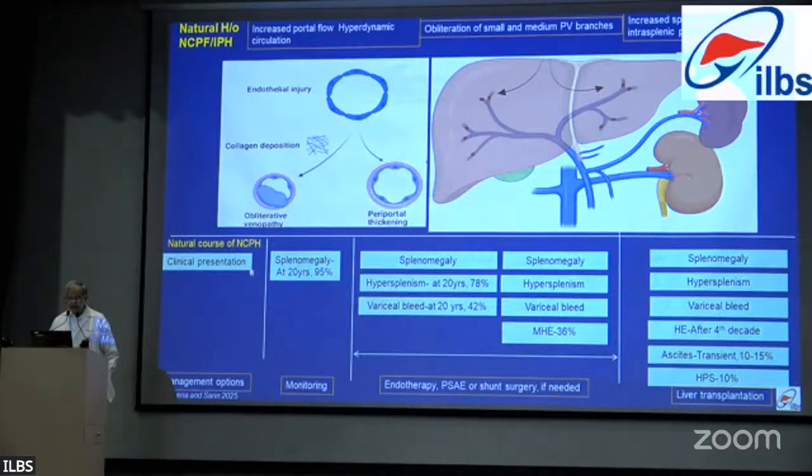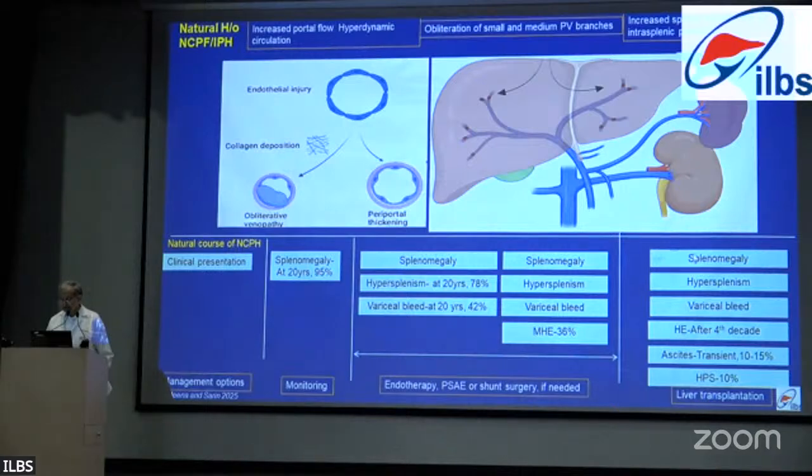So the natural course is patients clinically present to us, clinically to a doctor, splenomegaly by the age of about 20 years or so. Then over the next few years or so, splenomegaly, hypersplenism, varicose bleed, they start occurring. Patient gets minimal hepatic encephalopathy, means he is not clinically, but he has abnormal psychometric tests.